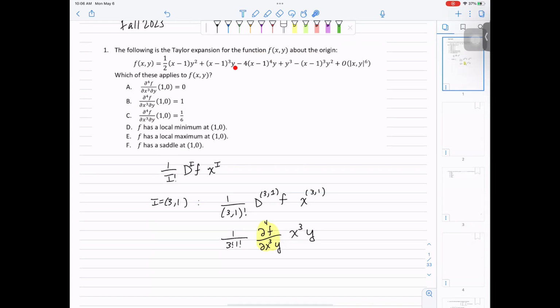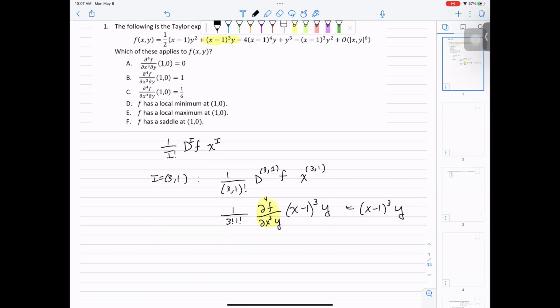Oh, and because we're centered at 1, 0, just like a normal Taylor series in single variable calculus, if it's not centered at 0, 0, you just do x minus 1 and then y minus 0, because the center is 1, 0. So do we see an x minus 1 cubed y term? Yes, we see it here. That's this term. So that means that this term is equivalent to this whole entire thing. So let me write that it's equal to x minus 1 cubed y.